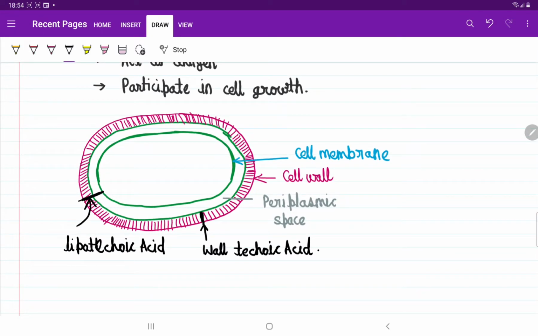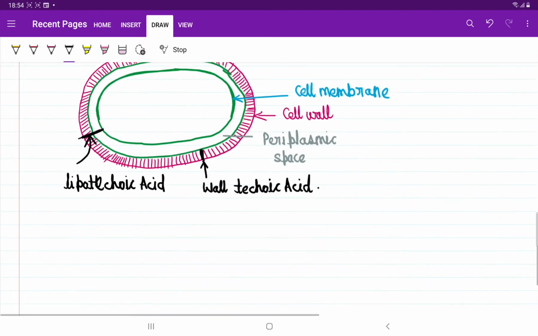Fine. Now this periplasmic space is the space present between the cell wall and the plasma membrane. Now actually two types of teichoic acid are possible. One is called wall teichoic acid. This wall teichoic acid is present in the cell wall of the bacteria only.